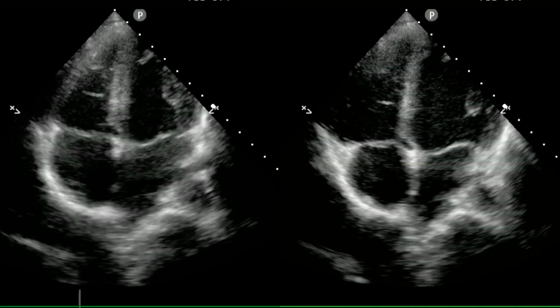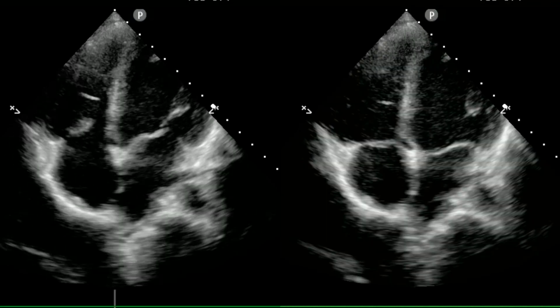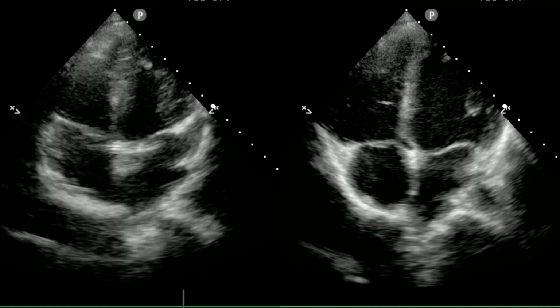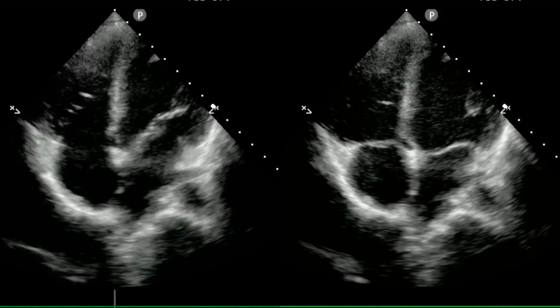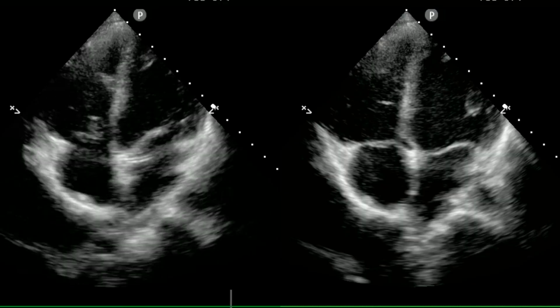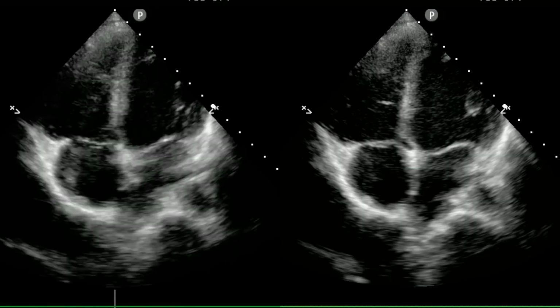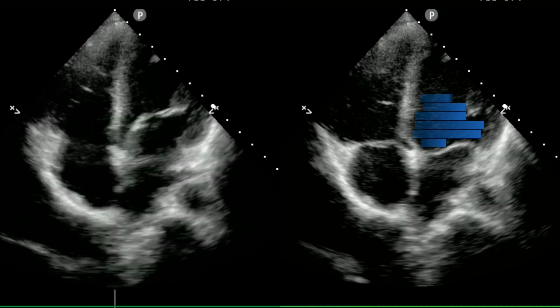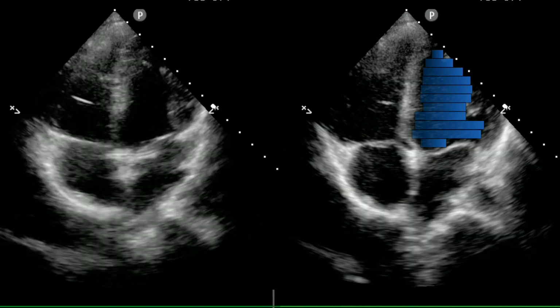So coming back down to earth here, when you go to the echo lab and you have the sonographers measure your left ventricle, they're going to measure this area under a curve. They're going to do an apical 4-chamber and then turn it in short axis and do an apical 2-chamber. And they're going to draw a line, or oftentimes the computer will come up with that line. You can adjust it a little bit on your own, but you're going to draw a line inside that ventricle, and the machine's going to assume some stacked discs.